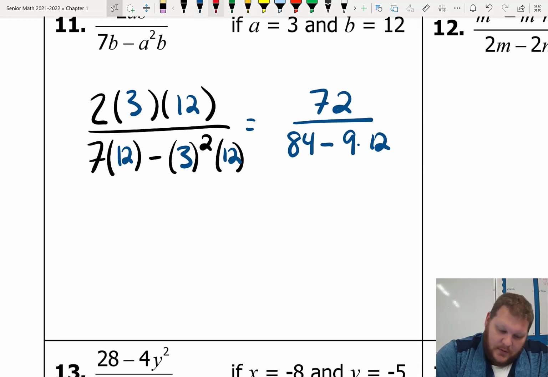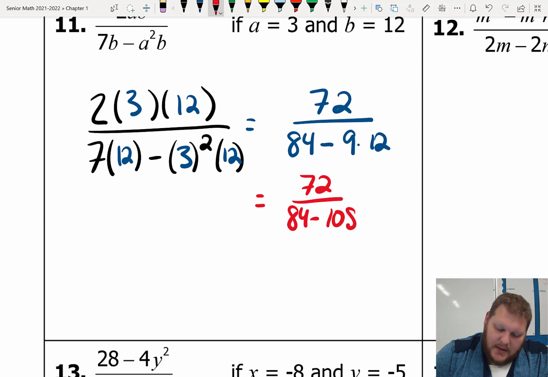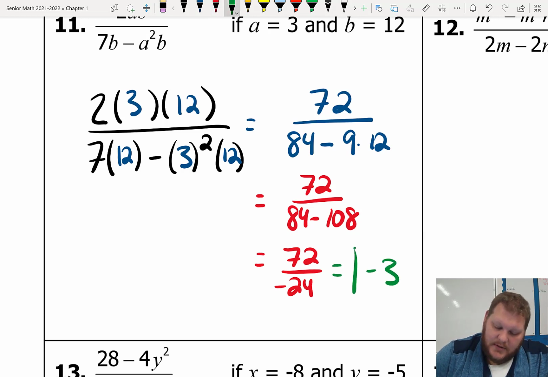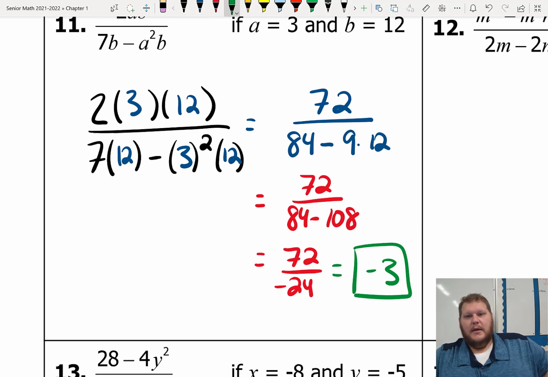So if I work down now instead, 72 over 84 minus 108, which is 9 times 12, which gives me 72 over negative 24, which actually simplifies all the way down to just negative 3. Negative 3.